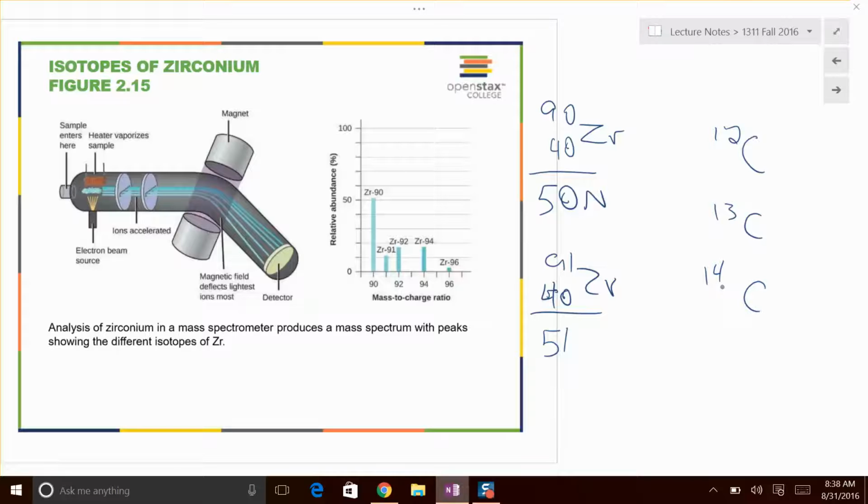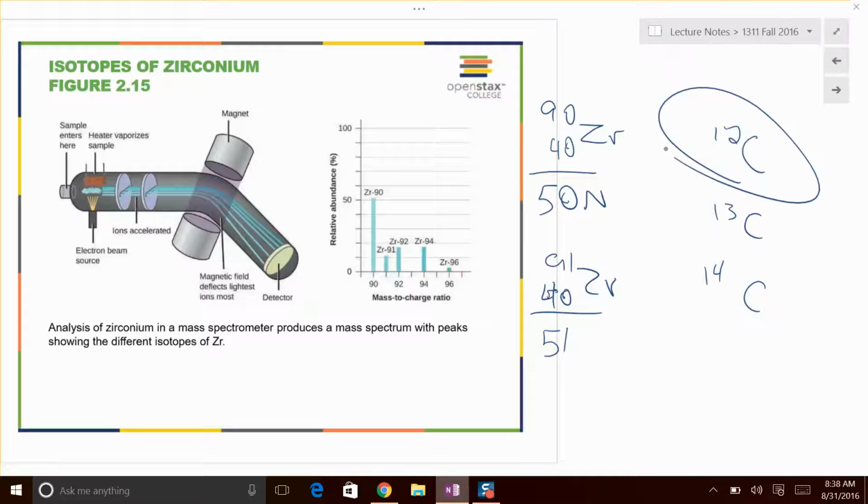The most stable isotope of carbon is carbon-12. It is the carbon in the greatest abundance. Most carbon that we find is in the form of carbon-12. But every sample of carbon will have some carbon-13 and carbon-14 in it.